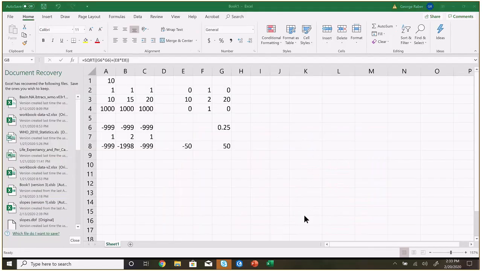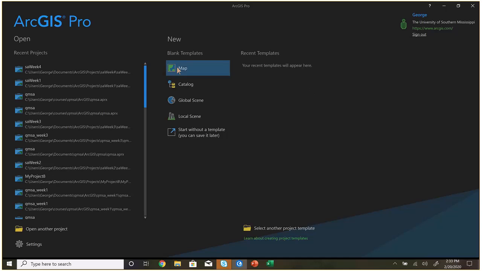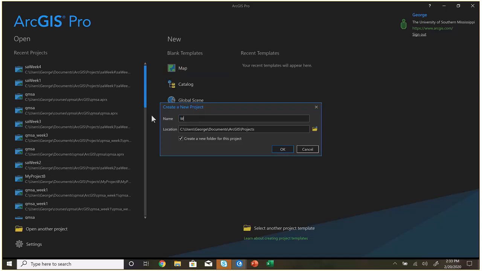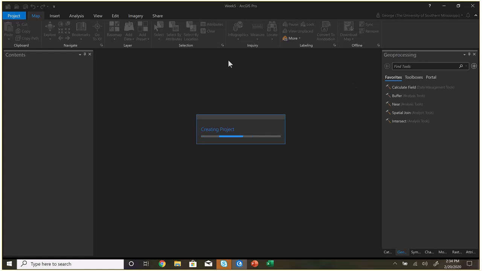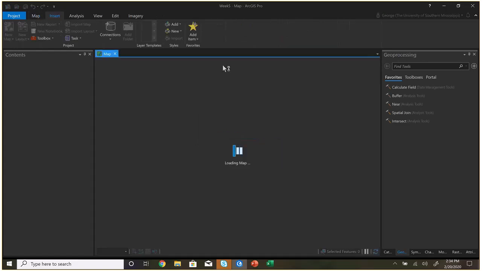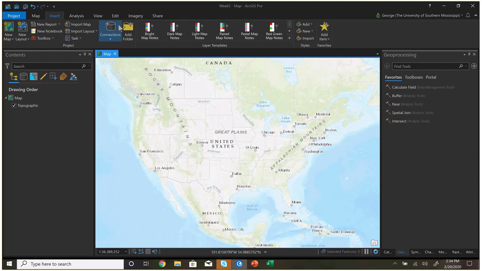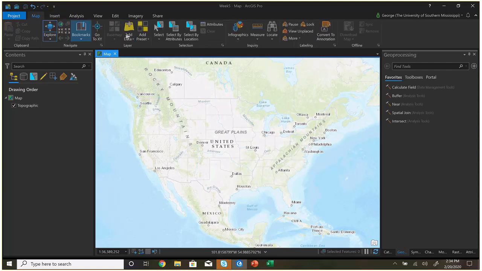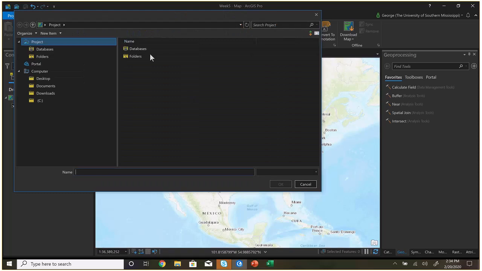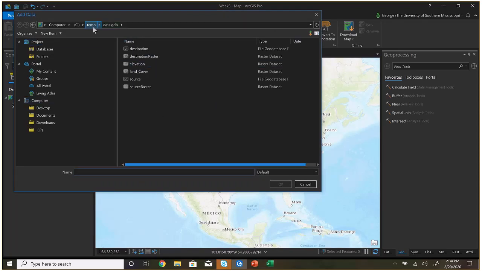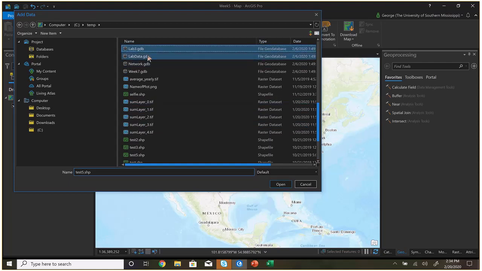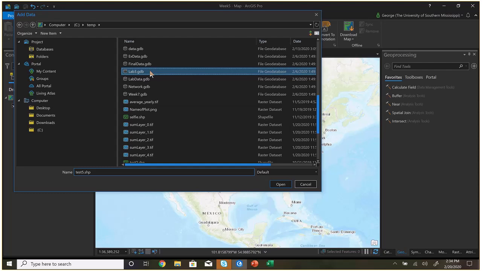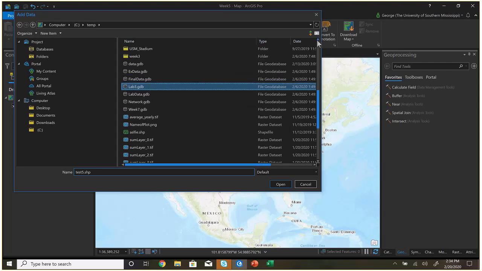All right. So if we were to do that, I'm going to call this week 5. And then I'm going to add in my trusty Laguna Beach data set. I thought I put that right in here.